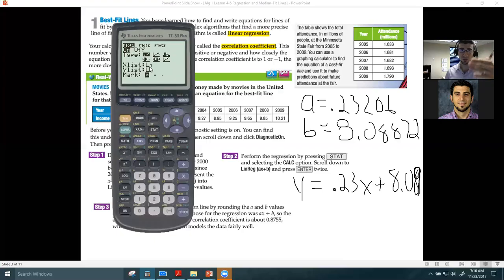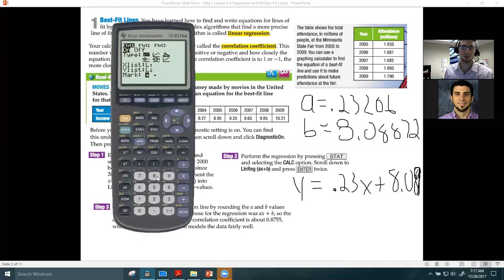Remember, we put the X values in L1, and the Y list is going to be the Y values in list 2. If you ever need to change that, the different lists, L1, L2, L3, L4, L5, L6, are all the second functions of 1 through 6. So if I wanted my X list to be list 1 and my Y list to be, say, list 4, I would have to put L4 in.